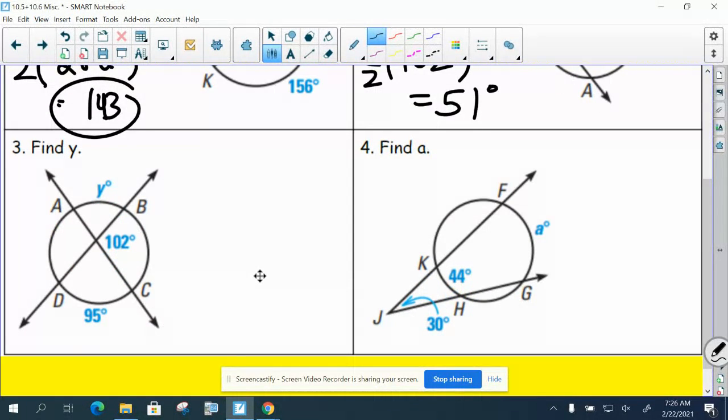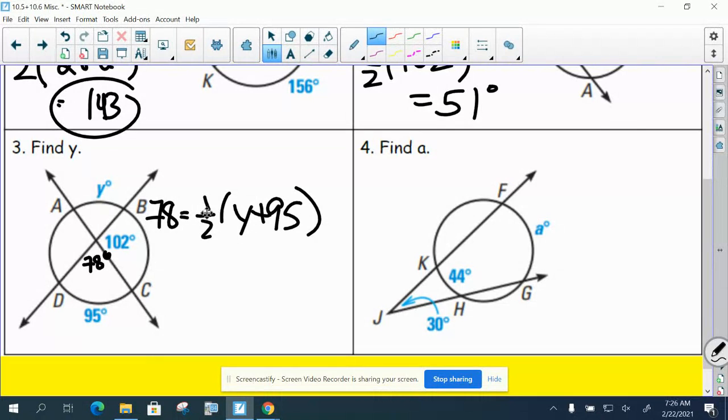This is one of those where they don't give you necessarily everything you need to know. If you want to find this arc, which is intercepted from this angle here, you're not given this angle though, you're given 102, but to find it you just do 180 minus 102, so this would be 78. Now we're given 78, so this would be 78 equals 1/2 of y plus 95.